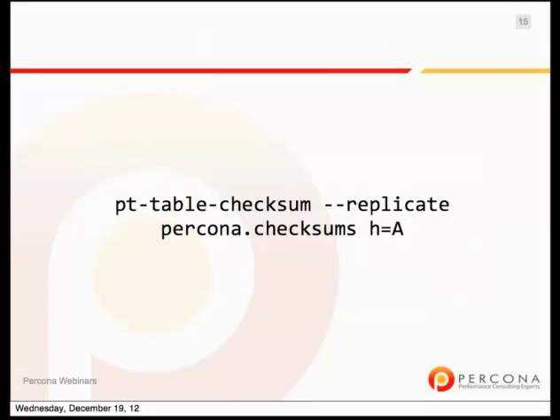I forgot to mention here, pt-table-checksum works with a chunking system, so it doesn't checksum a full table at once. That's another reason why it's very safe to run this in production. It detects the chunk size on its own on the run based on the impact it has on load, both on the master and on replica lag.